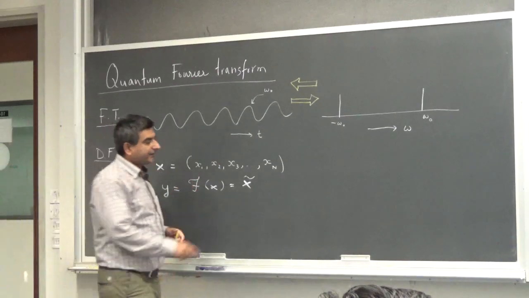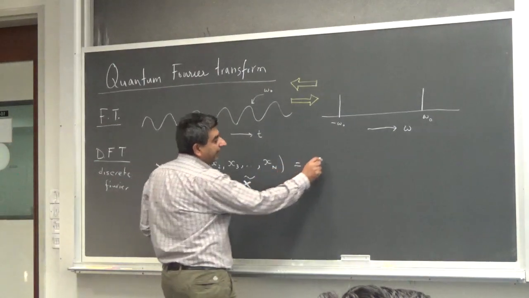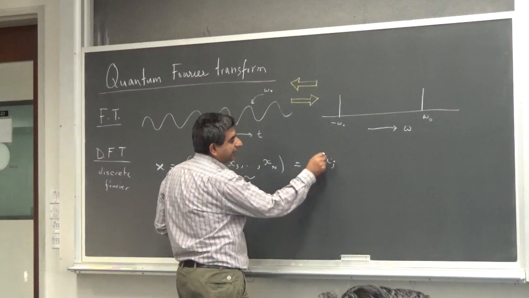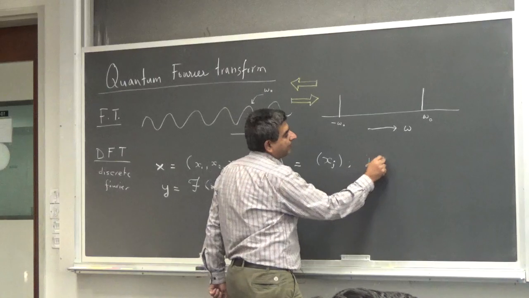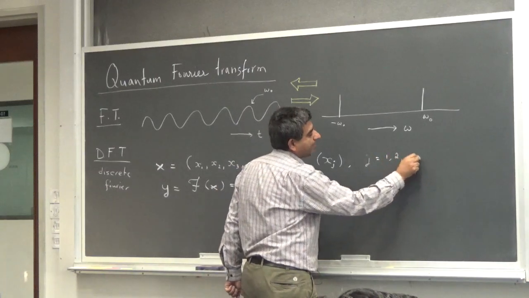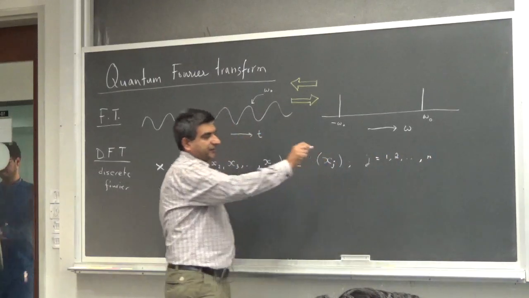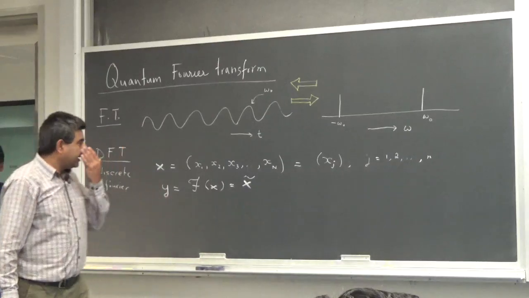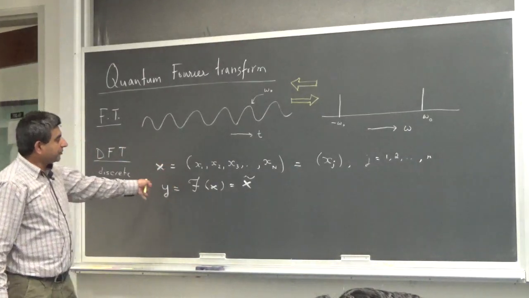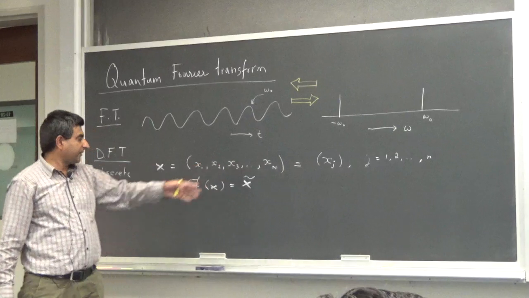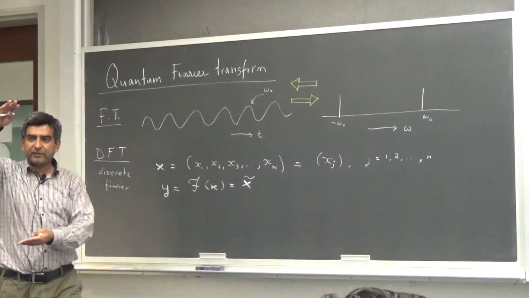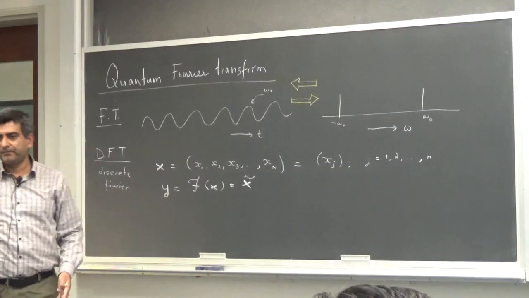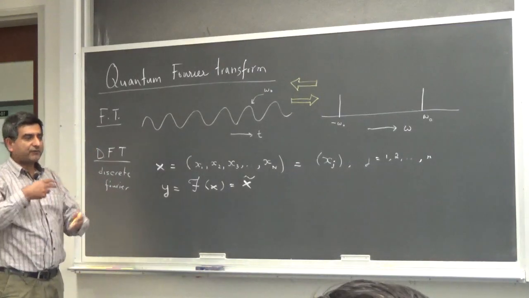Remember that this x in shorthand is some coefficient xj, where j goes from 1 to n. So this is my initial vector. Now, if I were to take the discrete Fourier transform of this vector, I will form another vector, y. So I'm starting from one vector, I'm going to another vector through a process of transformation.